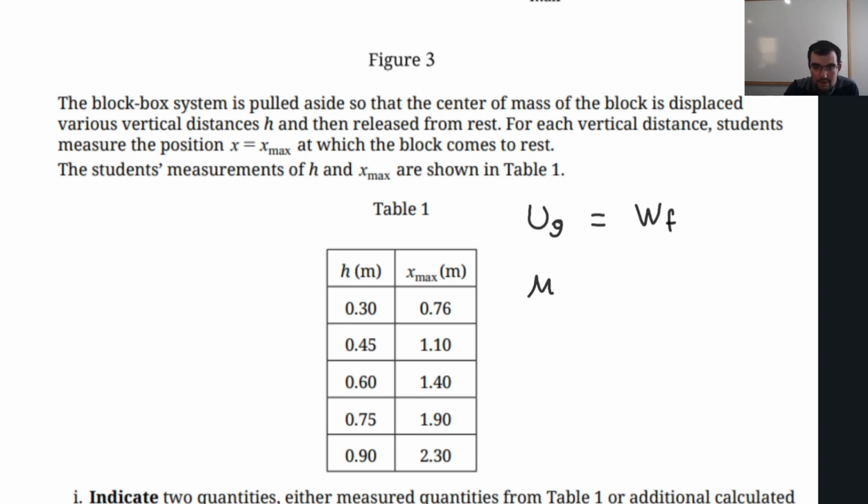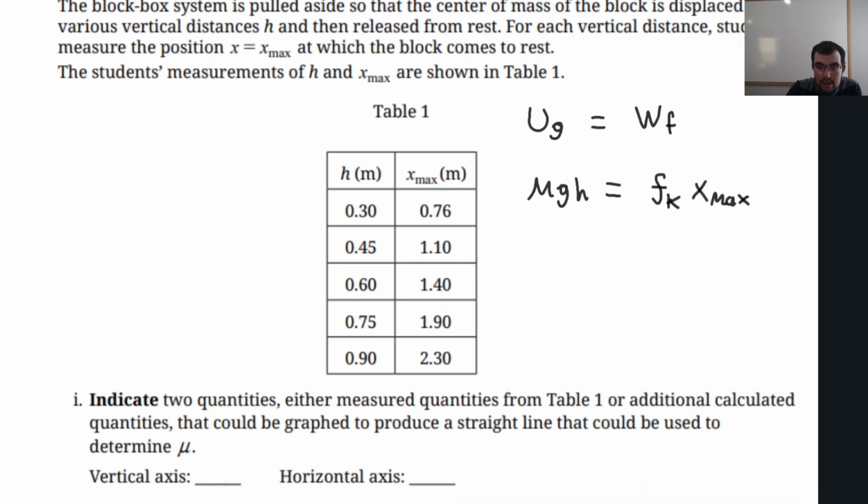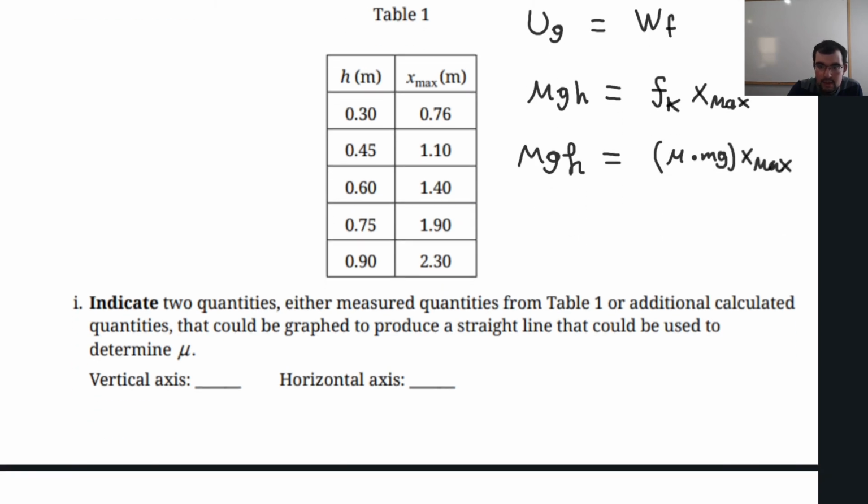Our gravitational potential, mgh, is getting stolen by friction, and the work done by friction is just the frictional force times the displacement, which is x max. Since we're on a flat horizontal surface with nothing strange, our friction, which is mu times the normal force, is just mu times mg, times x max. And basically everything cancels.